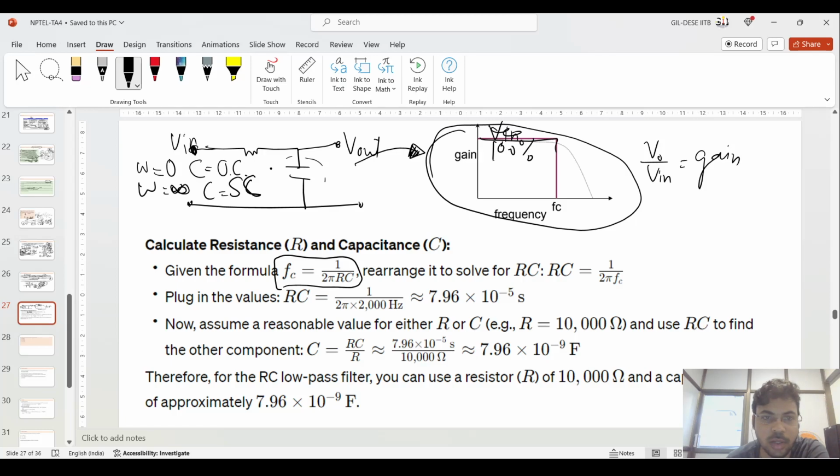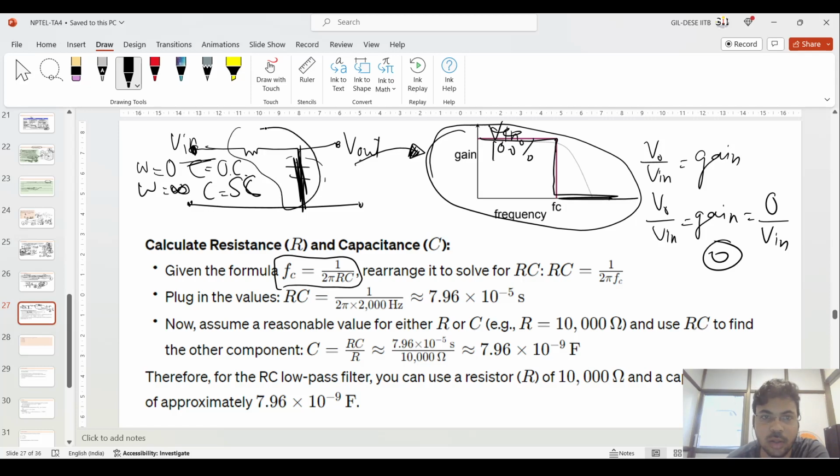But if you apply omega equal to infinity, the capacitor will be short circuited. It means no signal will pass from V input to the V output side, because V output is 0. So V output by V input, the gain, is 0. It will not allow the signal to pass through this filter.